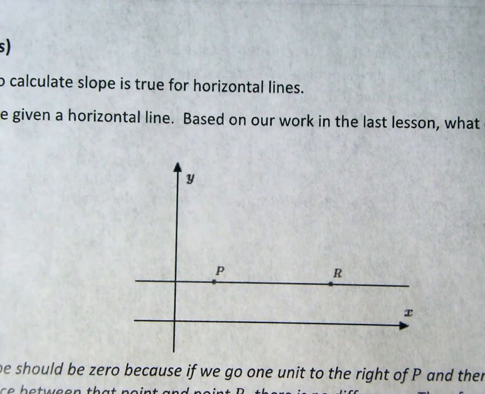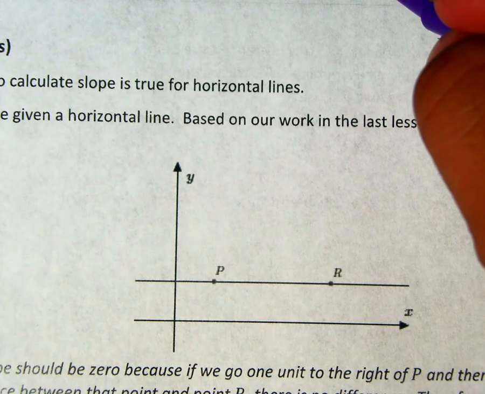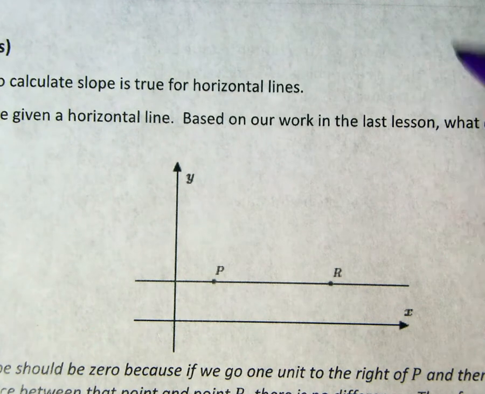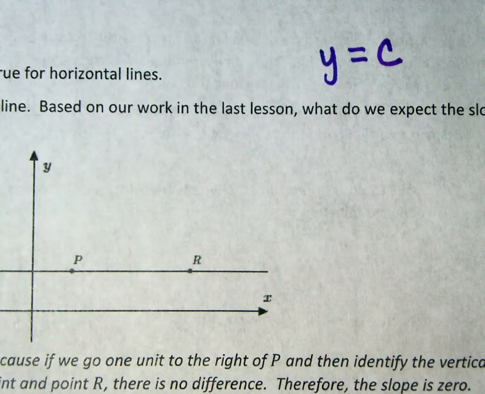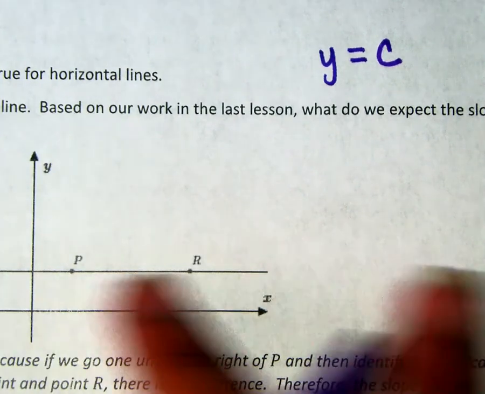If you're thinking back to lesson 15, we said that horizontal lines are represented by what equation? You're correct. Horizontal lines are represented by the equation y equals c. That means y is consistently the same number no matter what our x values are.